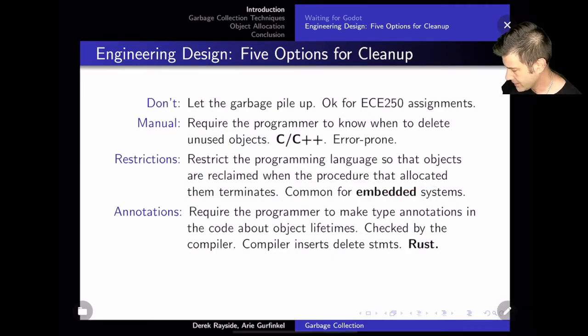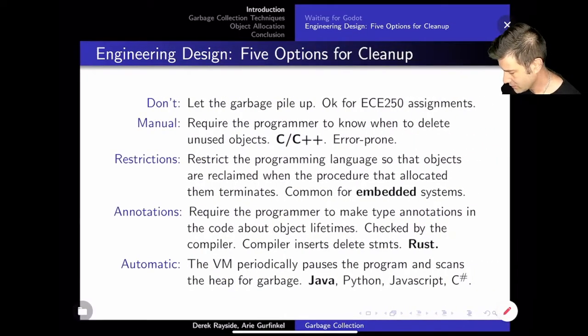Now, of course, since we're working with Java, we're getting to this part, which is automatic memory management. And this means that our execution environment, usually a virtual machine, periodically stops execution of a program and then looks around to see what objects are no longer necessary and automatically reclaims these objects. This is called garbage collection.